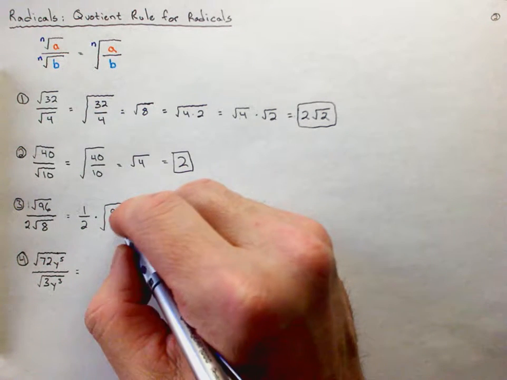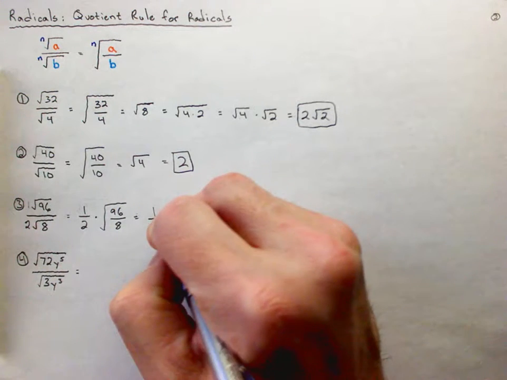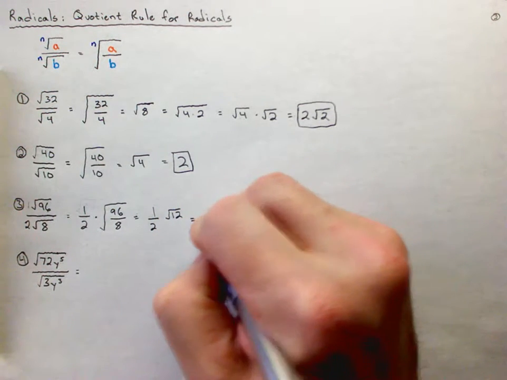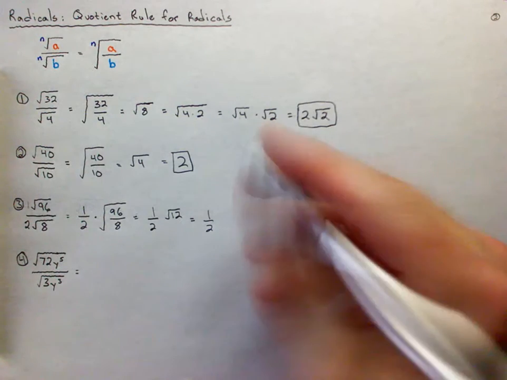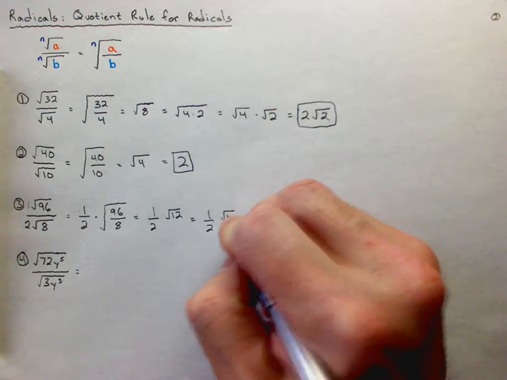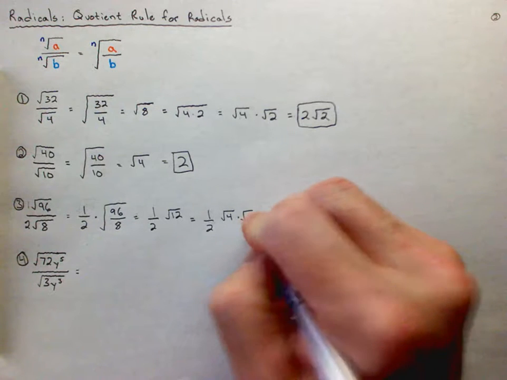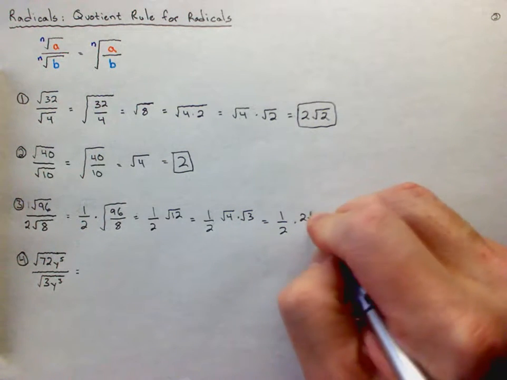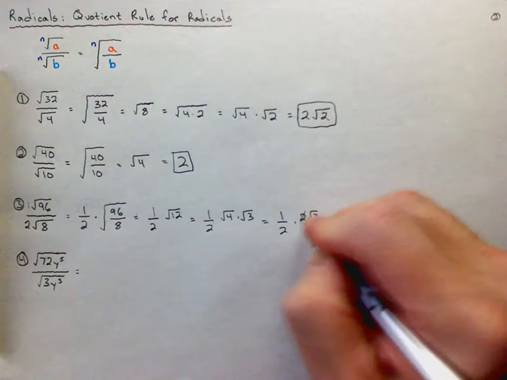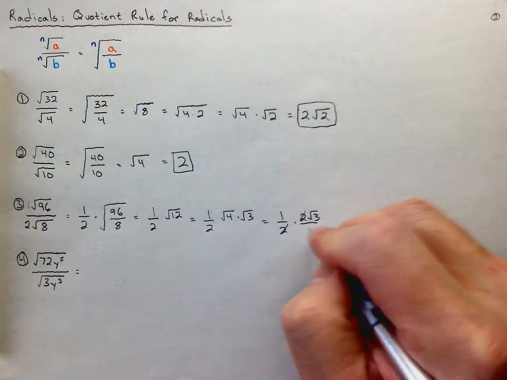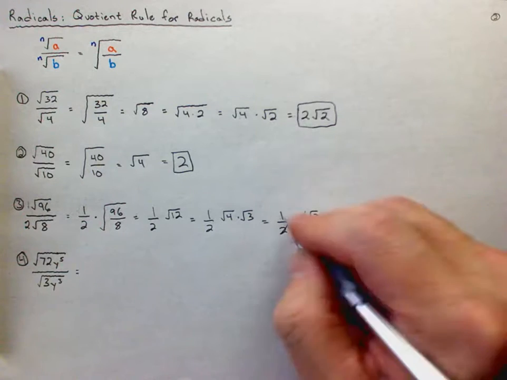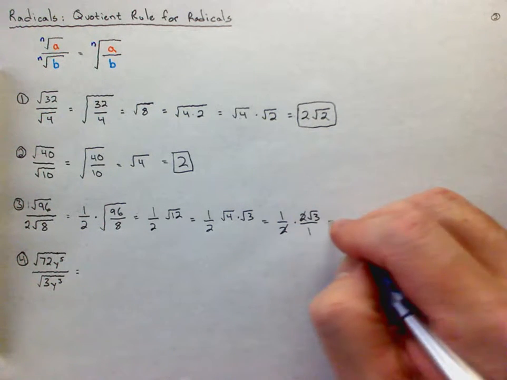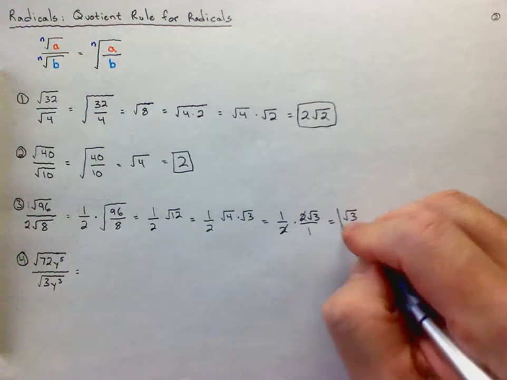It goes in 12 times, so radical 12. My 2's cancel. All of this can be viewed as being over 1. If it helps you, put a 1 there so it balances it out visually. And I'm left with the radical 3.